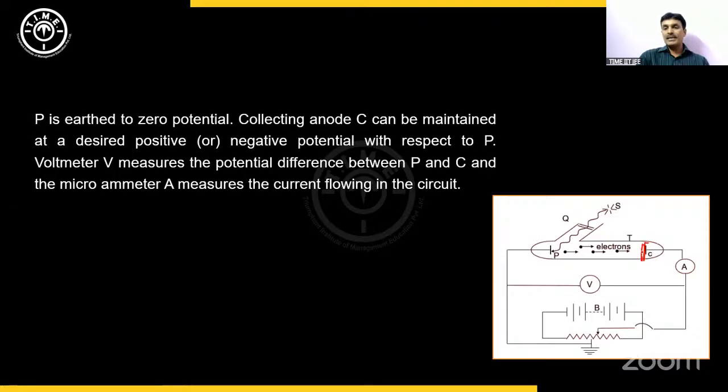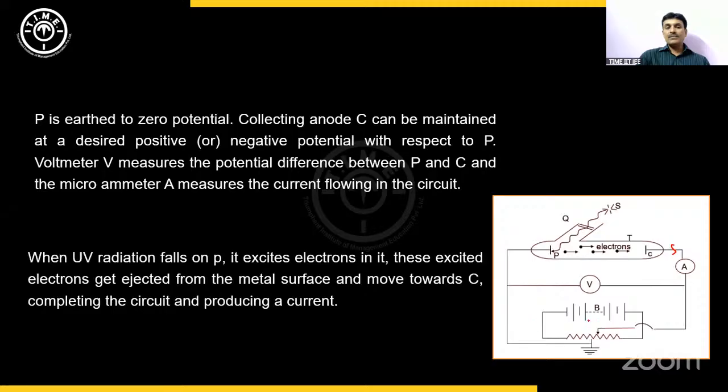This plate can be made positive or negative with the help of this slider here. So C can be maintained at a desired potential, either positive or negative. The voltmeter between these two measures the potential difference between P and C. And if there is any current passing through this, that is measured by the microammeter.